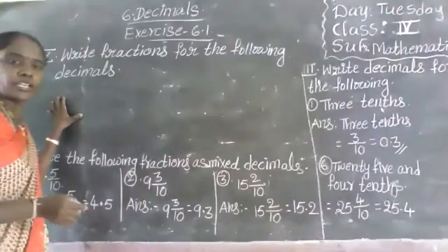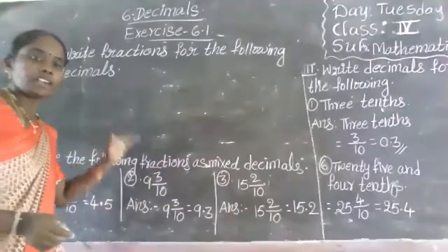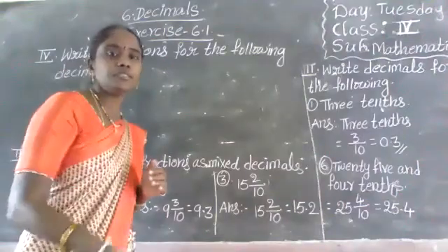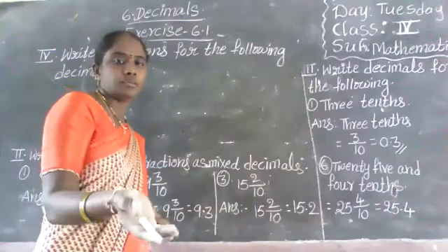Here a decimal is given, and you change it into fraction form. In the first bit, fraction form was given, and we had to change into decimal form. But here decimal form is given, so now you change into fraction form.